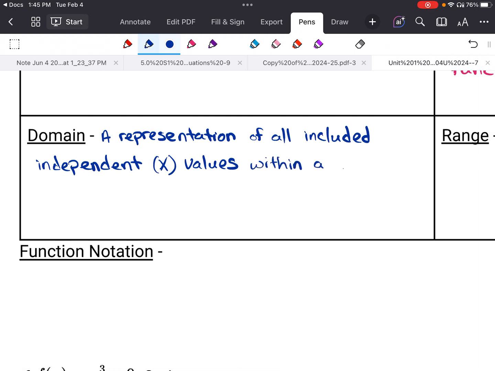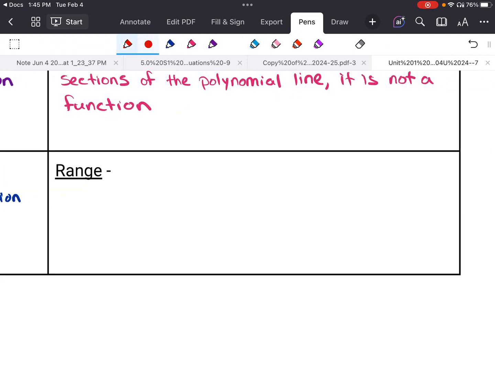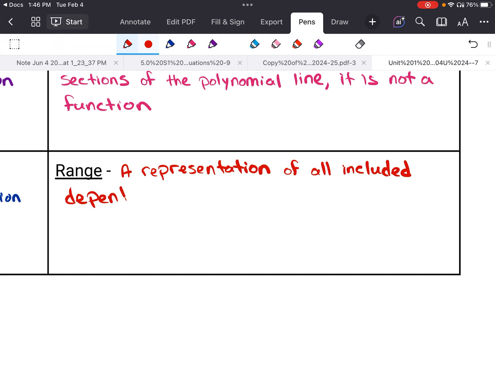And finally, the range is almost the same, a representation of all included dependent values in a function.